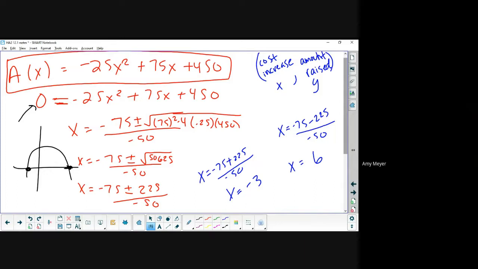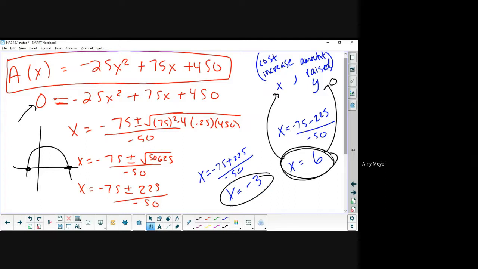Isn't this price increase? So this is saying if I increase the price by $6, what was my outcome for that? I make no money, right? That would be way too high. I would raise it so much that I wouldn't actually make money. So this is what we call a break-even point. You don't make money, you don't lose money. If you sell it for $6 more, you're going to raise $0.